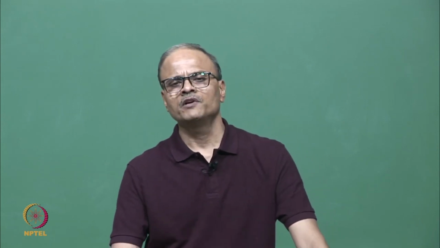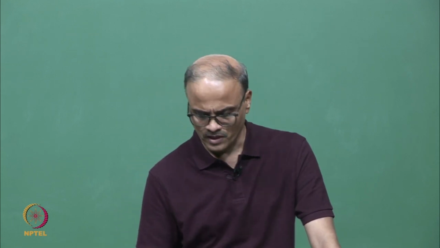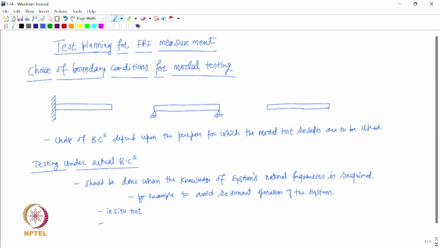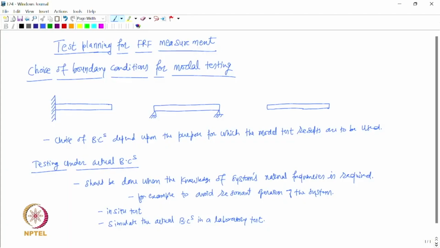The other possibility is to simulate the actual boundary conditions in a laboratory test. For this purpose, the system or the structure to be tested needs to be brought to the laboratory, and then we need to simulate the boundary conditions under which the system is supposed to operate.